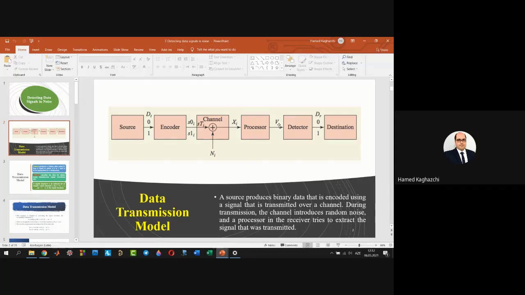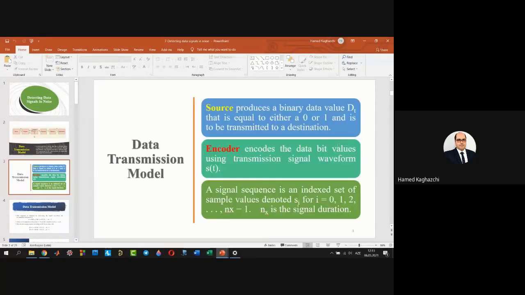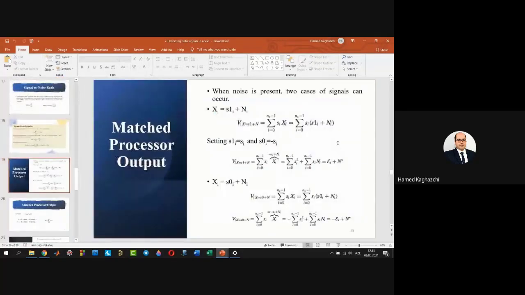We need to detect the original signal from the noise. So at the output of the detector, we will have the received signal or received data that will be transmitted to the destination. Now we have reached the point where we investigate the matched processor, and we wanted to calculate the output of the matched processor.